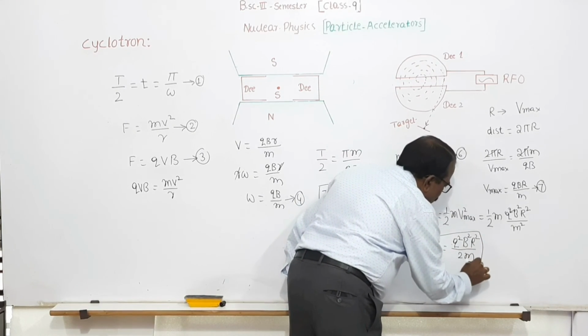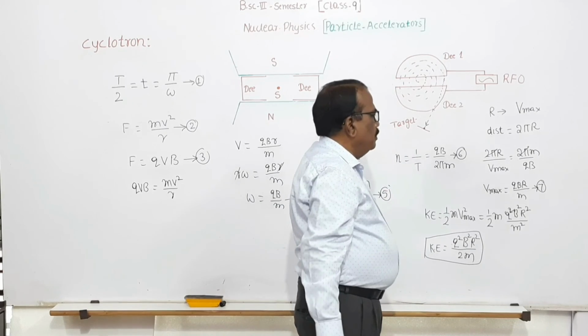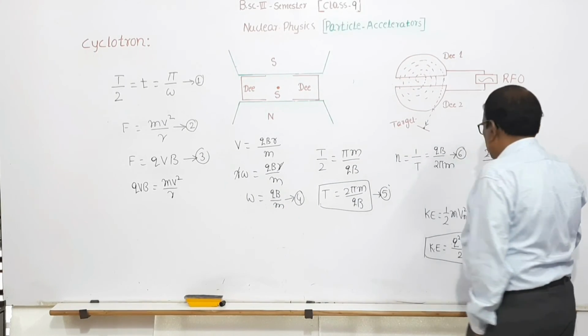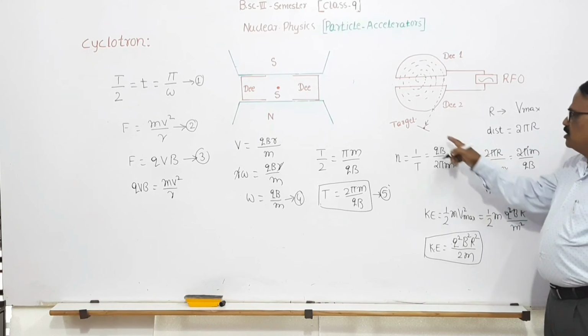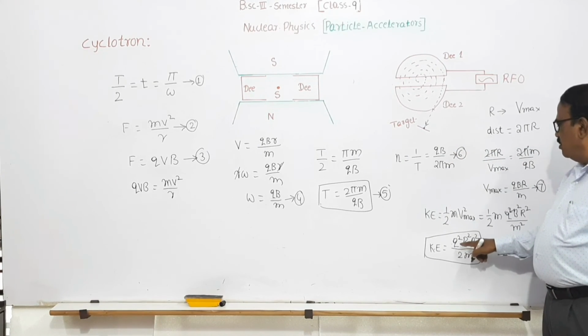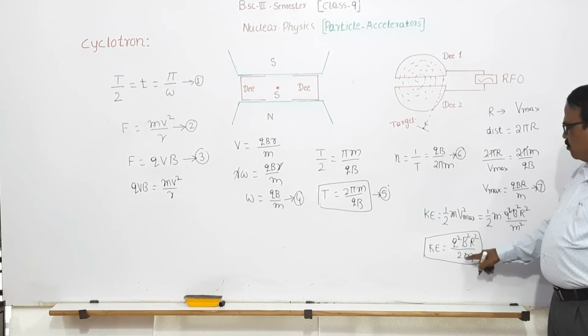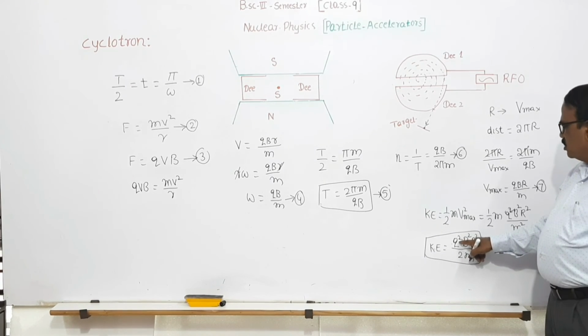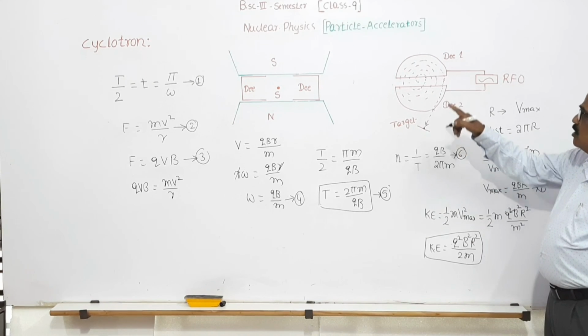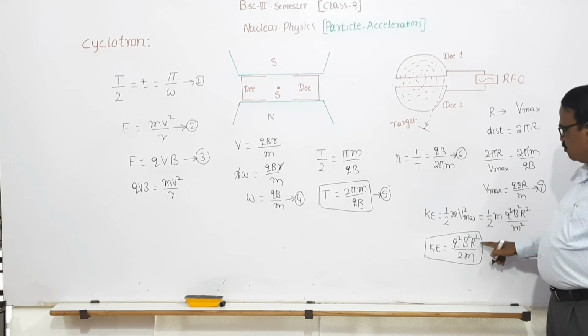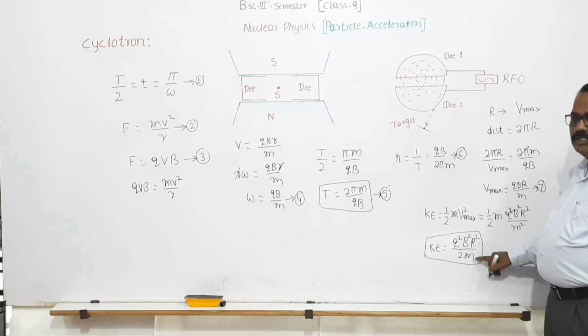This is the expression for kinetic energy of the ion before reaching the target. It hits the target with this energy q square B square r square upon 2m, where q is the charge of the ion, B is the applied magnetic field, r is the last radius of the circle, m is the mass of the ion.